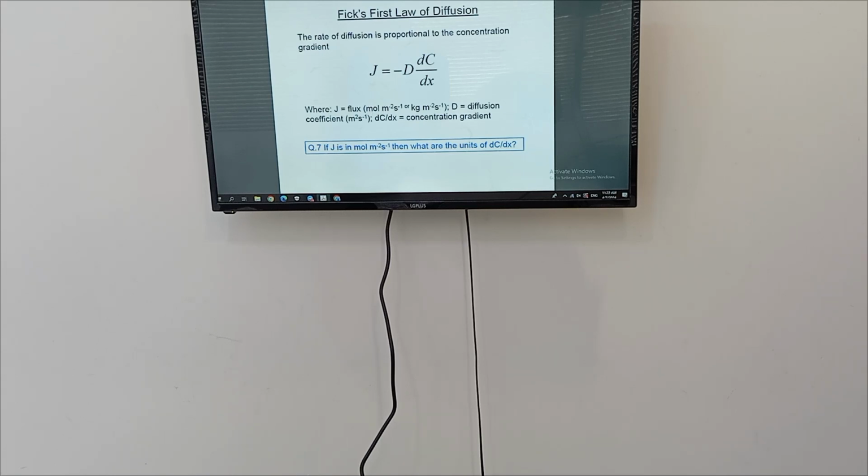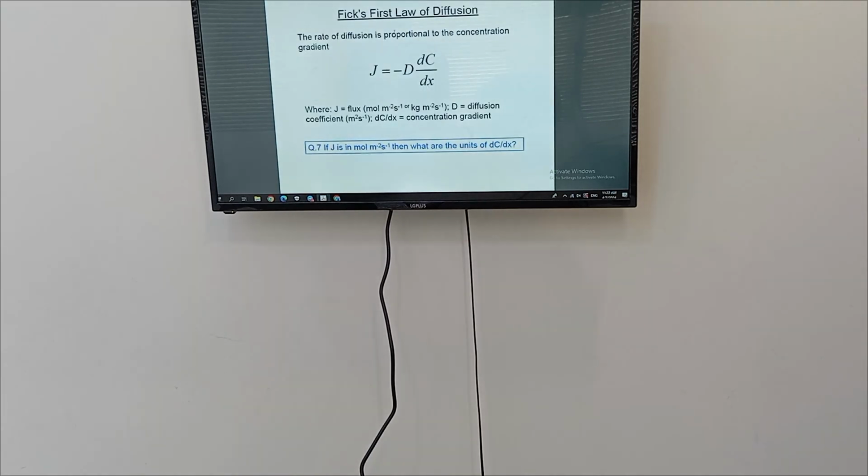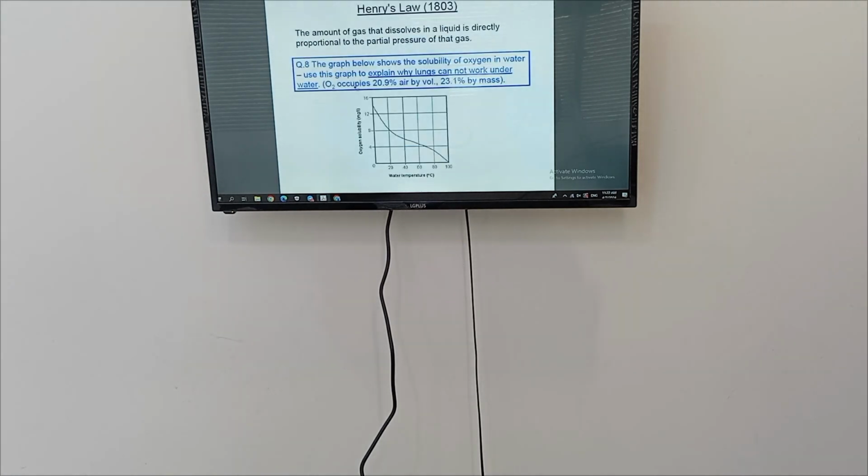D equals the diffusion coefficient, this is its unit. dC over dx is the concentration gradient. Of course, diffusion is the movement of particles from high pressure areas to low pressure areas.